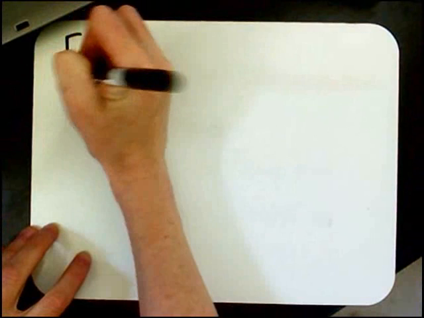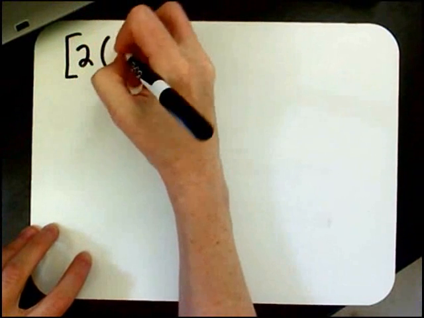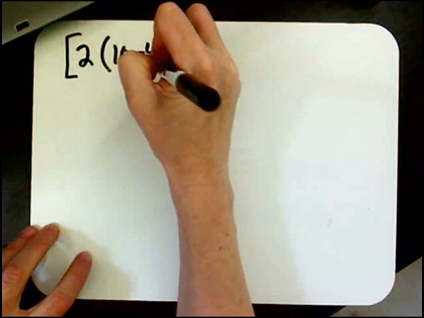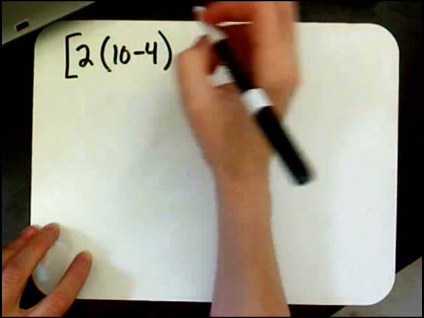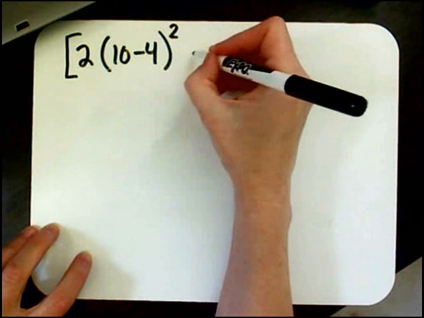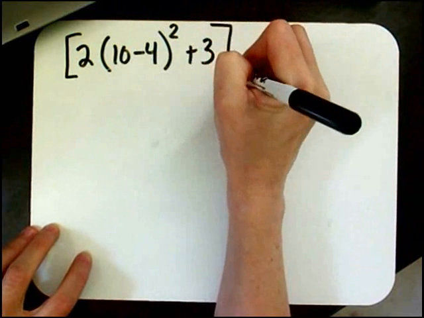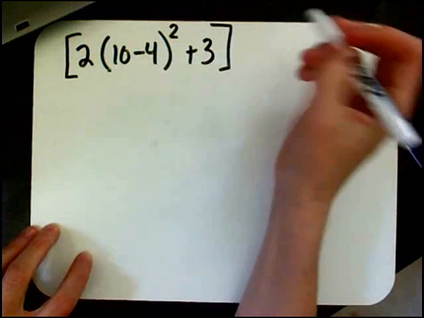This is also on page 6 of your textbook. It says, simplify an expression. So we're starting with open bracket, 2, open parentheses, 10 minus 4, close parentheses, raised to the 2nd power, plus 3, close bracket, divided by 5.